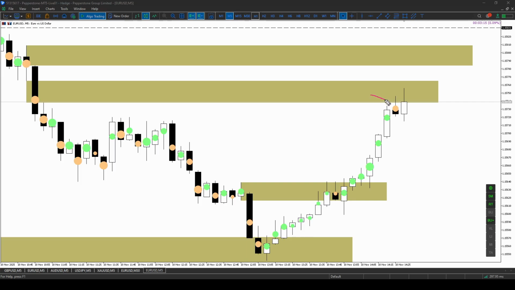People are definitely stuck in here, because when they see this shooting star candle, they open their position and set their stop loss slightly in here. So that's how you can read the volume bubbles, right?